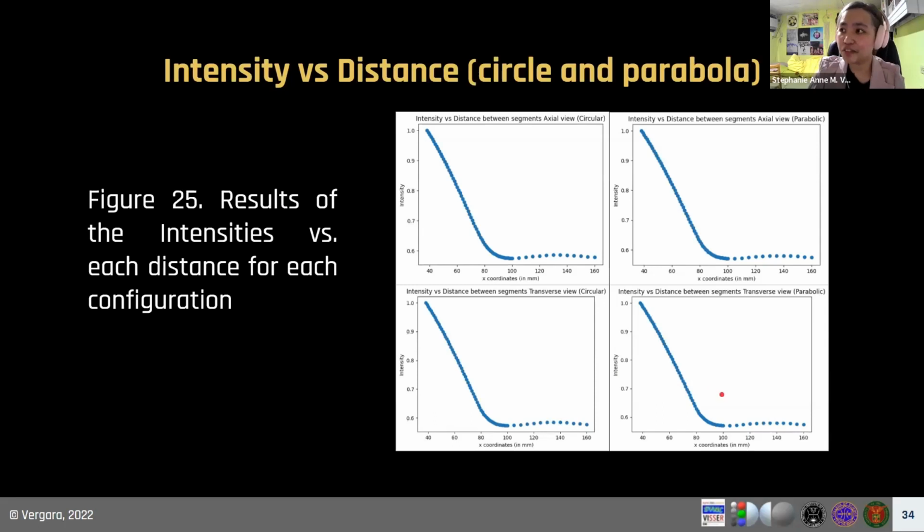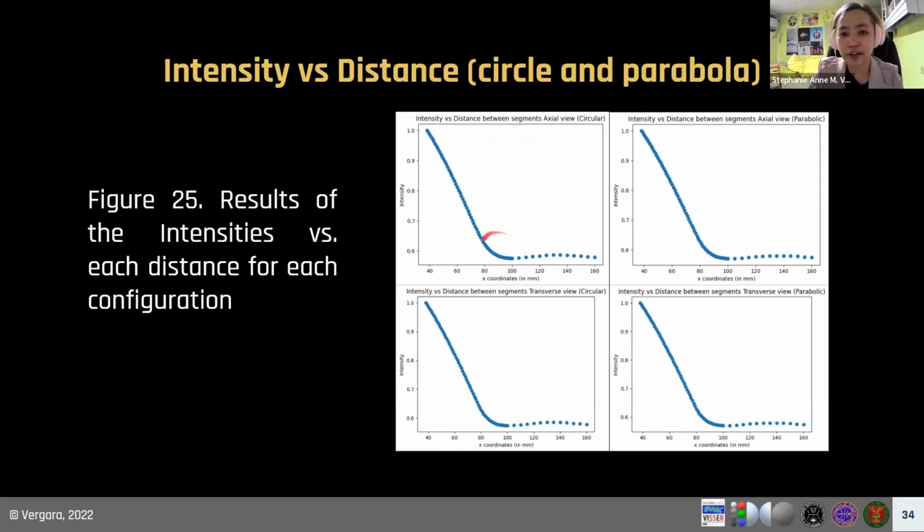For the intensity versus the distance plots, we can see that relative to the nearest distance, which is 38 millimeters, the intensity of each configuration decreases as the distance increases.